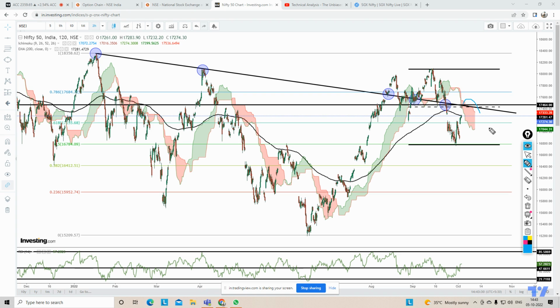Correct? Because again, the price is resuming below this trend line where you can see a sharp fall. There's a breakout, then again there was a sharp fall. So this particular trend line is now the pivot.